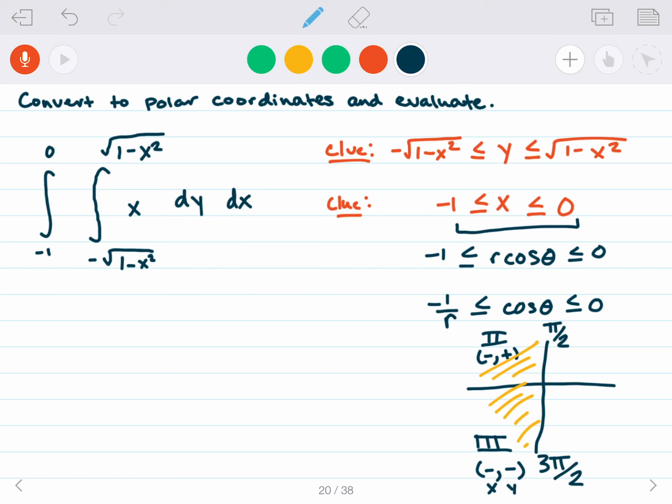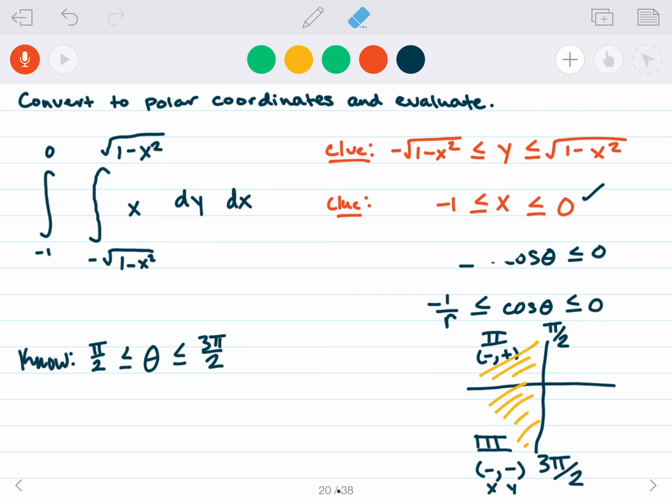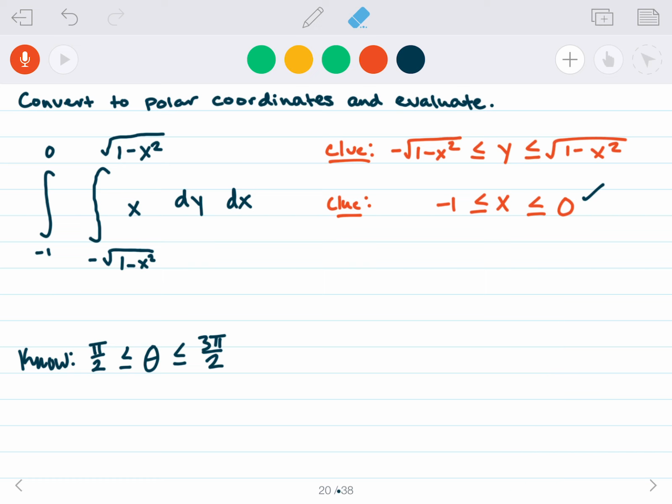So we know that from this clue, theta is going to vary between pi over 2 and 3 pi over 2. So now we just need to determine where our radius is going to vary. Now that I used up that clue, let's look at the first clue. What I'm trying to do is introduce a radius into this clue.